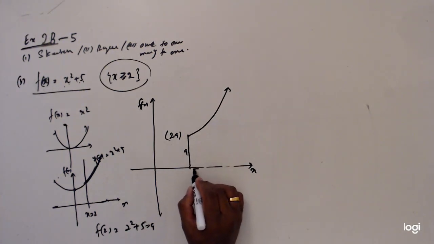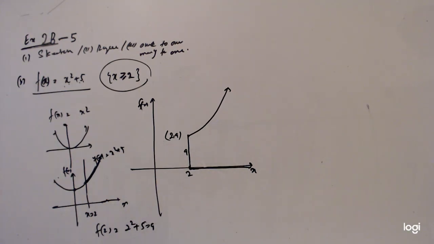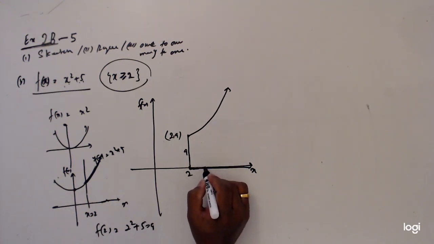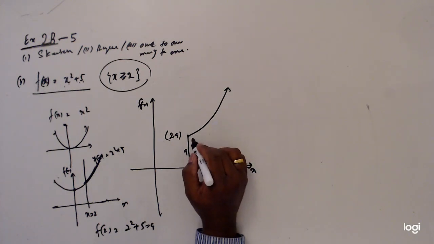Now the domain is from 2 onwards. This x value is 2. From 2 onwards, so what is the range now? When you put 2 onwards, all the values, what are the possible y values? You can get this y value, this value, this value. It means each and every height.